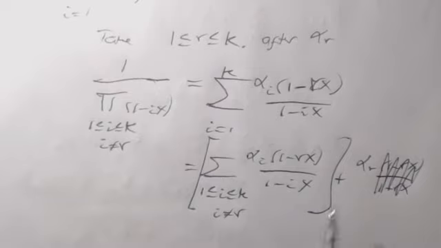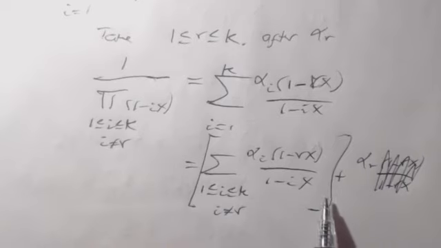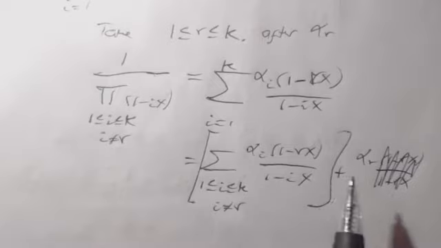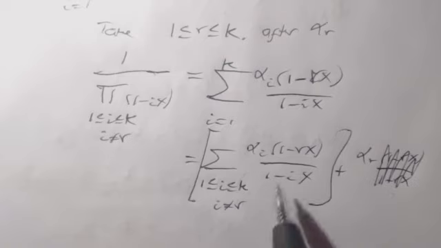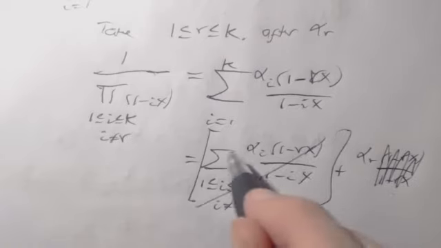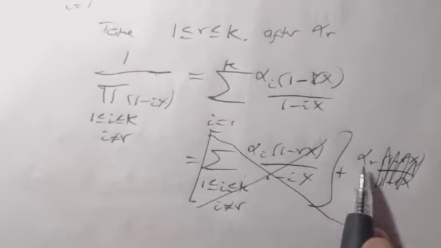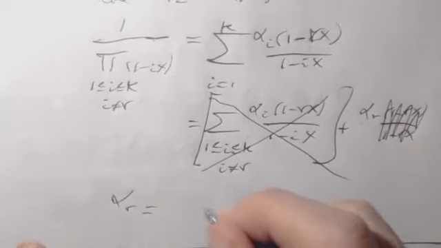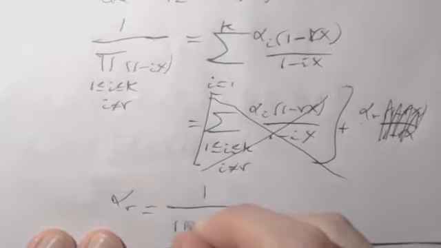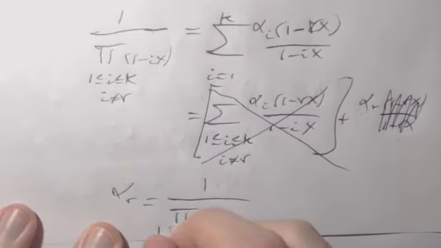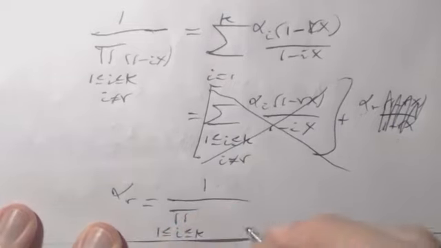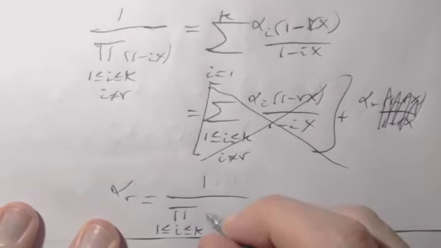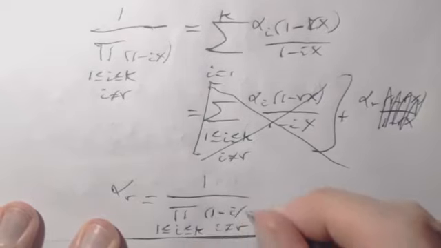So what we're going to do is let x be equal to 1 over r, which is going to make this bit 0, and it gives us a formula for alpha_r. So alpha_r equals 1 over the product, i between 1 and k and i not equal to r, of 1 minus i over r.